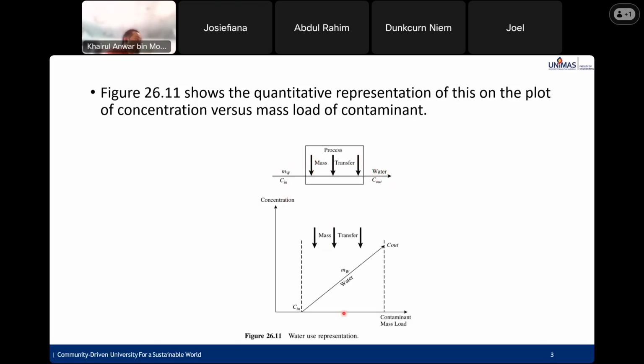It's like this one. So here, mass load of a certain value. So once you input the water, it will slowly increase the concentration.